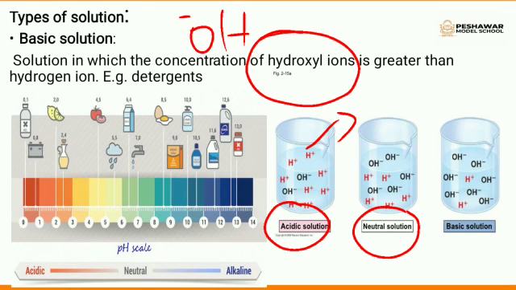The basic solution contains a greater number of hydroxyl ions. So due to the presence of hydroxyl and hydrogen ions, there are 3 types of solutions: neutral, acidic, and basic. I hope you understand these 3 types of solutions and also how we calculate the pH and pOH of different acid and basic solutions.